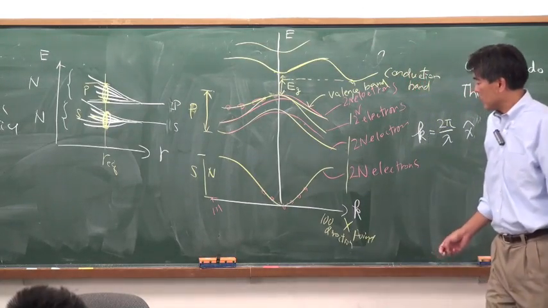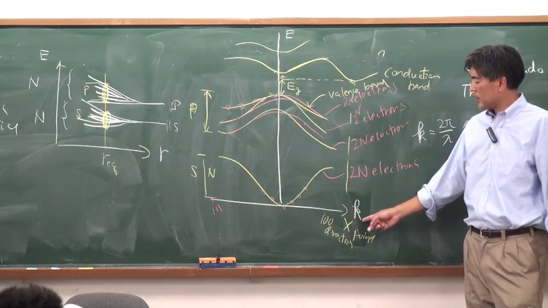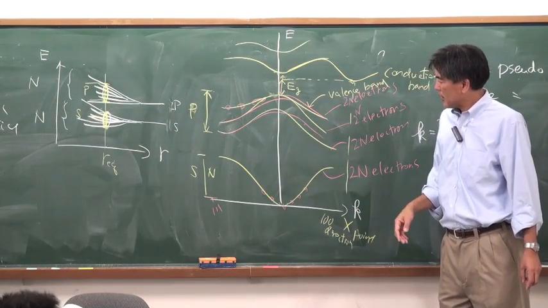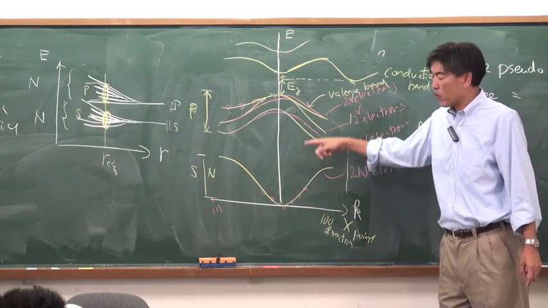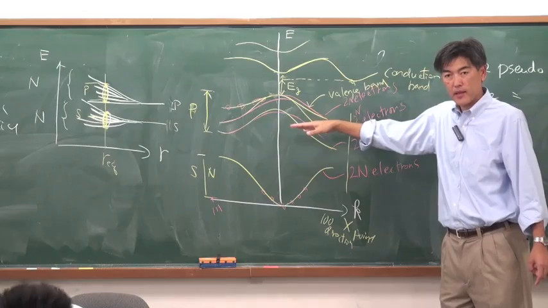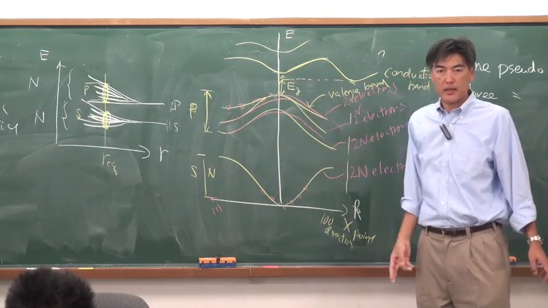So now you see, okay, in reciprocal space, in wave number space, we can actually pack 8n electrons into those 4 bands, and then we run out of electrons, and then there is a completely empty band.